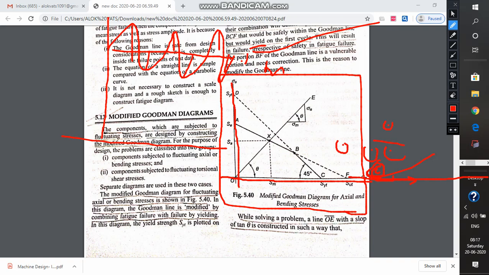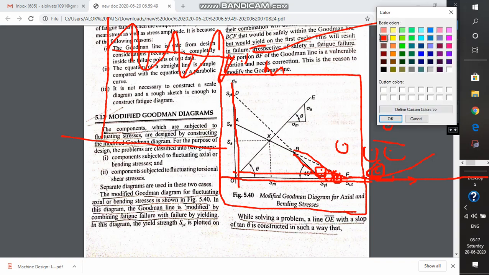Now there are situations when sigma m lies somewhere here, and sigma a is very small because of the conditions, and the point lies here or anywhere in this region, which I have shown in a different color.